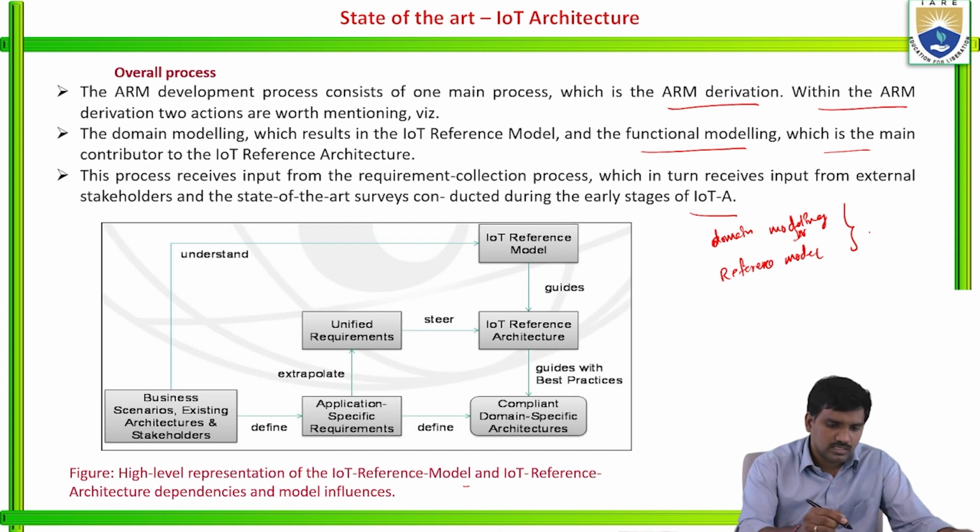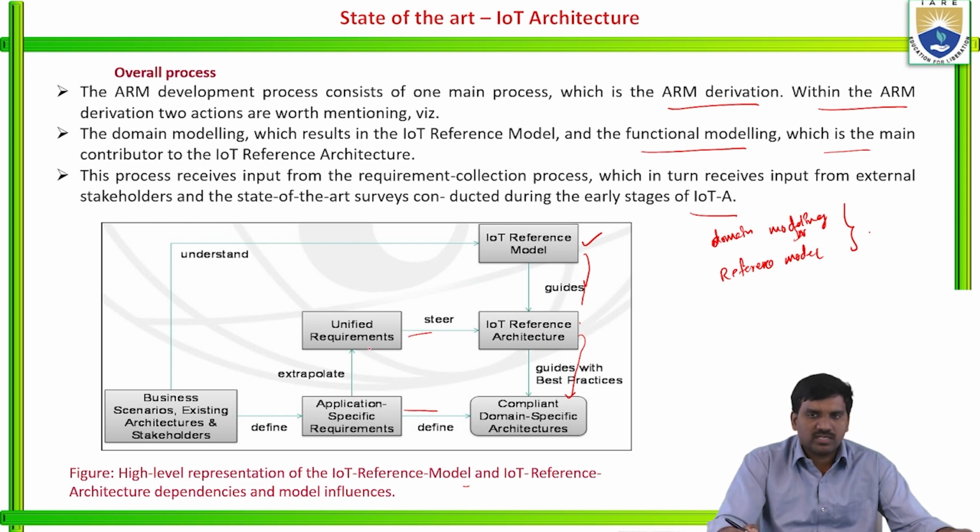It can transform into real-time application requirements. Whatever is available in the market can be possible with this high-level representation. So here the IoT reference model guides the IoT reference architecture and component domain-specific architecture. It can define application-specific requirements, and unified requirements can be explored from the application-specific requirements.